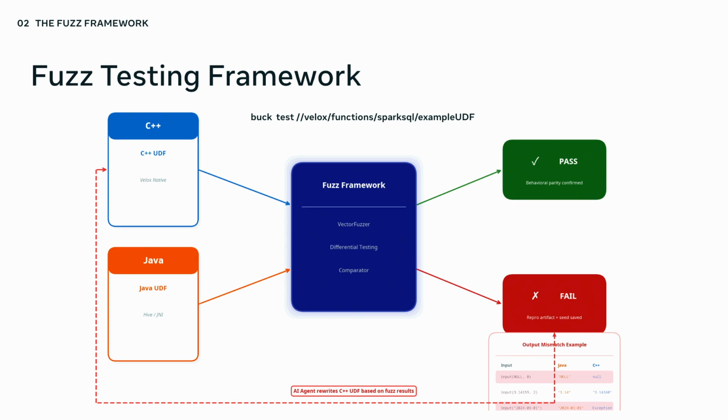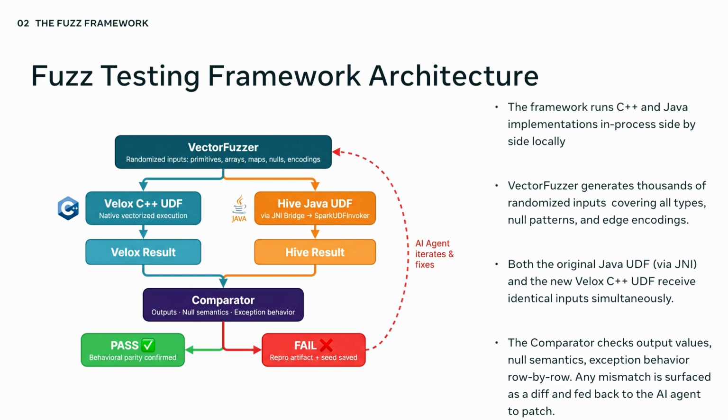The tool will provide a signal of either pass or fail. If it fails, a more detailed report will be printed out, and the AI can read it and iterate and loop on it until the signal gets passed.